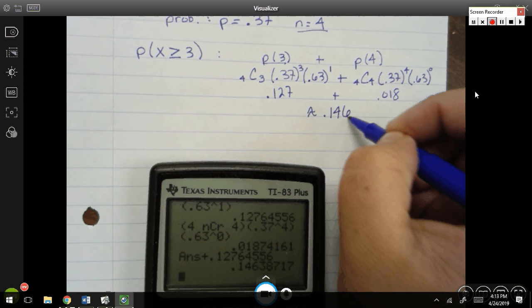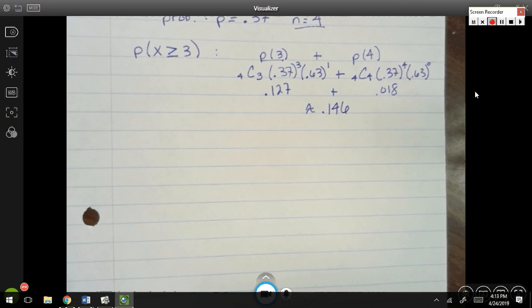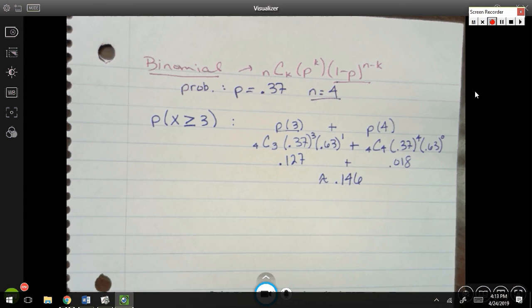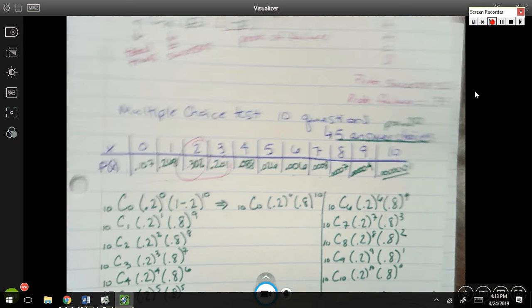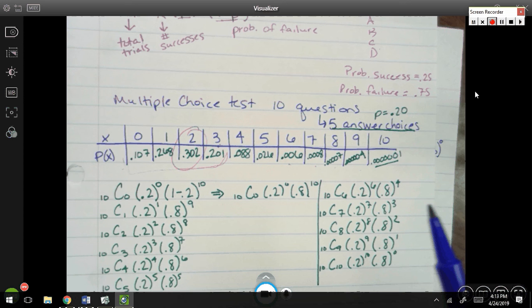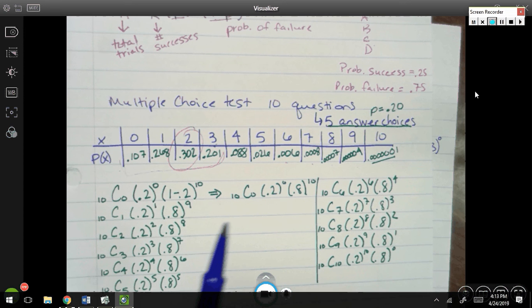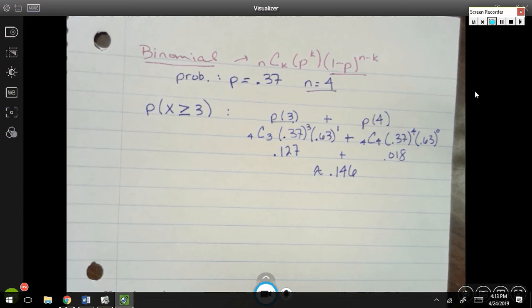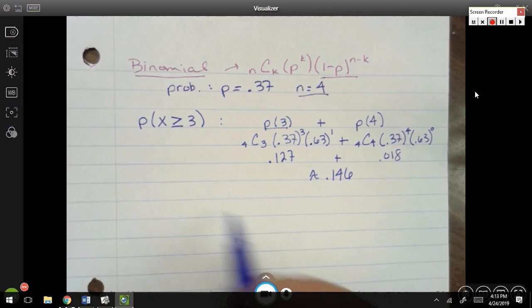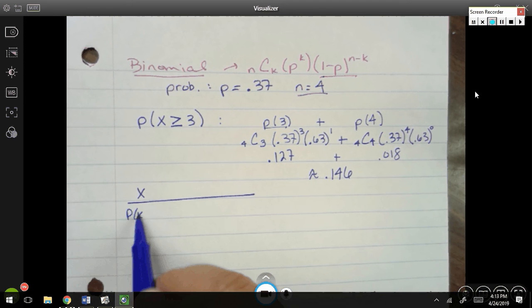So I really want you to see that it doesn't matter if I've got a situation laid out and defined, like I did with my whole test, with my multiple choice test, right? It's laid out. It's a nice little word problem for me to look at, to analyze, and it's cool. Or maybe I'm just given the p and the n, and I'm asked to do a probability distribution from that. And what you could now understand, I could do my x, I could do my p of x.